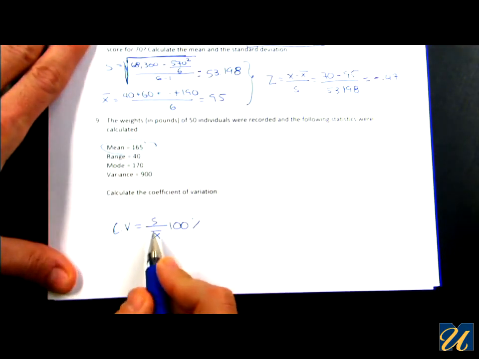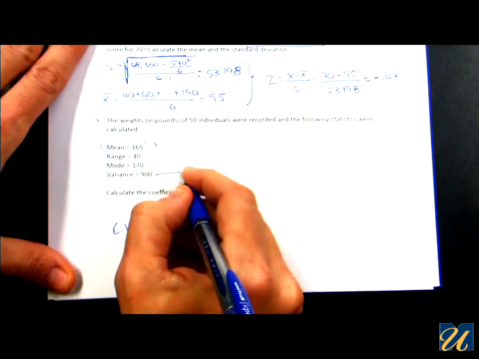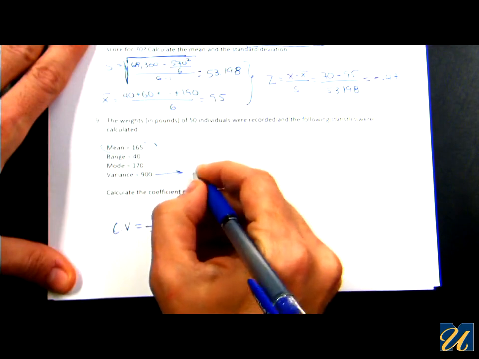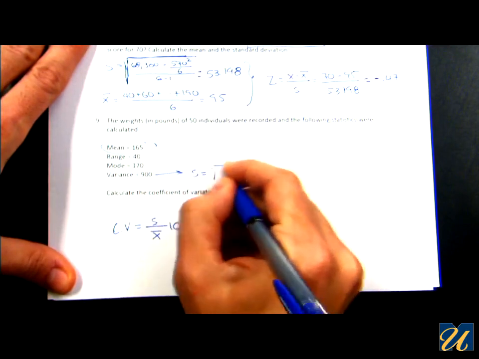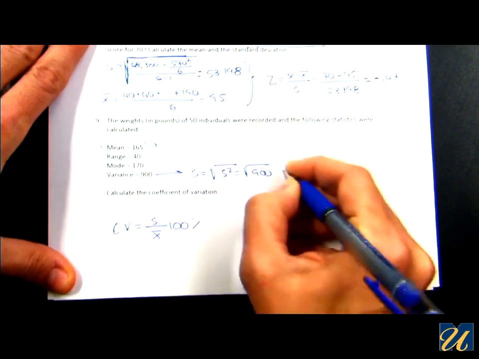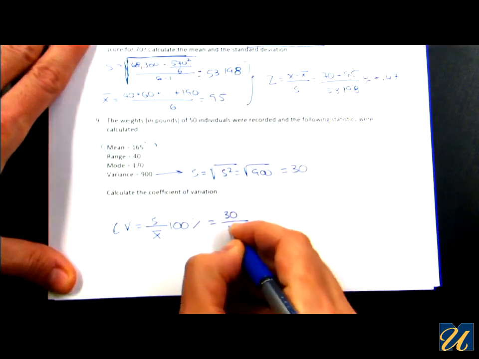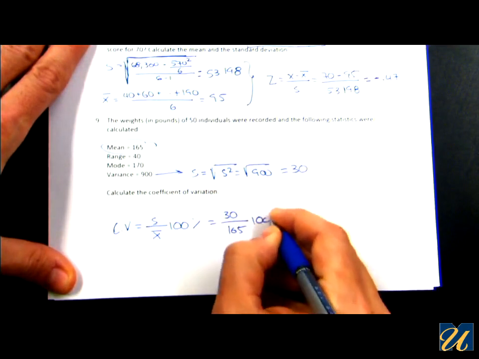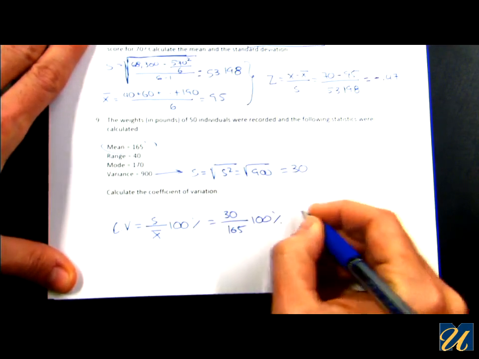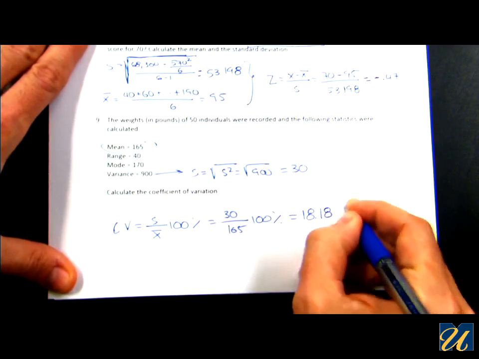I don't have the standard deviation. However, I am given the variance. From the variance, I can find S by taking the square root of the variance, the square root of 900, which is equal to 30. So this will be 30 over 165 times 100%. So this will make a coefficient of variation of 18.18%.